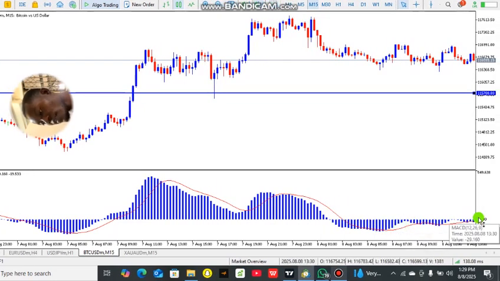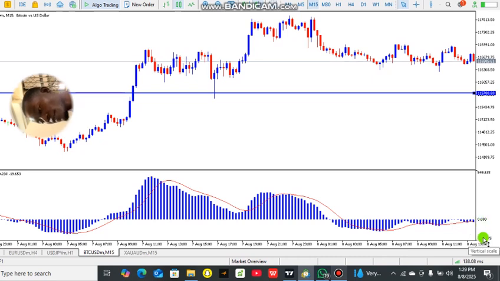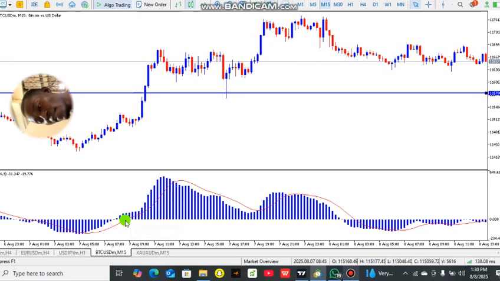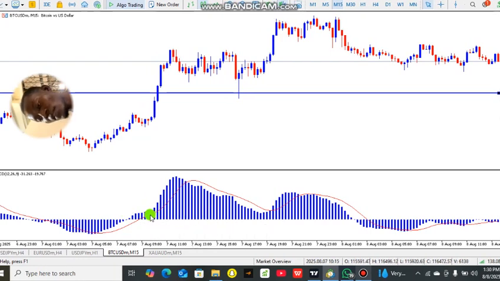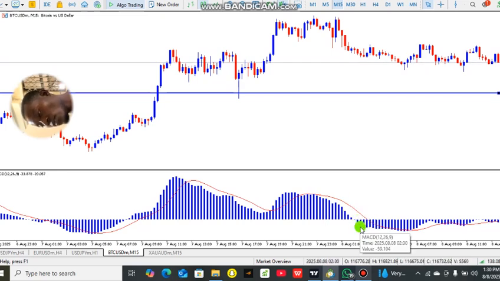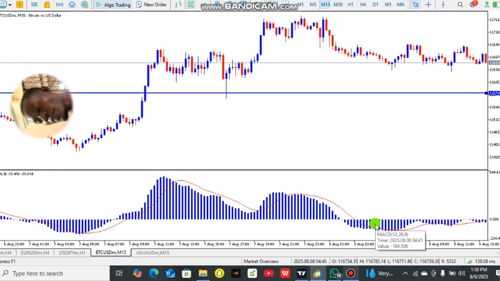Okay, then we have a 0 point, we have a negative side of the MACD, and then we have a positive side of the MACD. So when the MACD line and then the signal line crosses above the 0 line, then we say the MACD is positive. If it is crossed below the 0 line, then we say MACD is negative. So we use this to enter a buy market or a sell market.